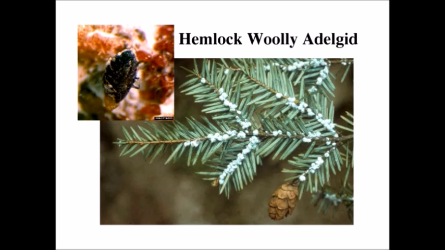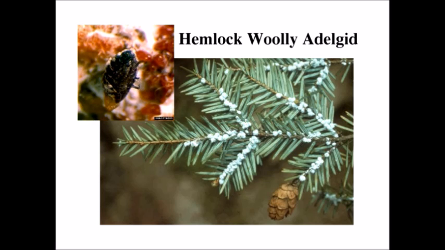Now, this is the hemlock woolly adelgid, and it's not exactly a defoliator. It's not a caterpillar, and I didn't know where to stick it, so I just threw it in here. Those of you farther west who deal with the hemlock woolly adelgid are probably already familiar with this.